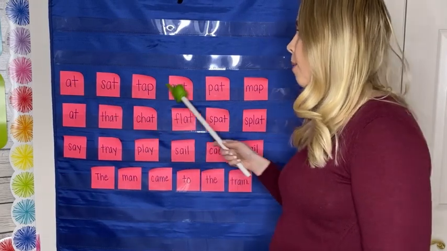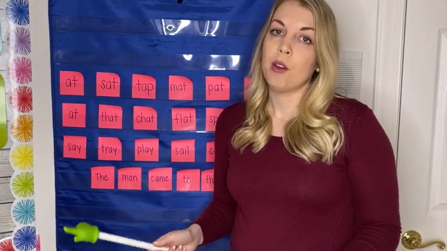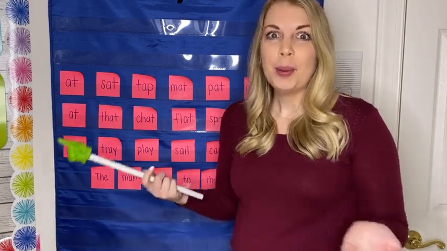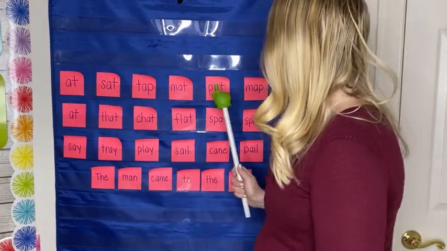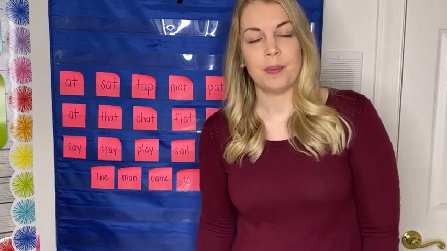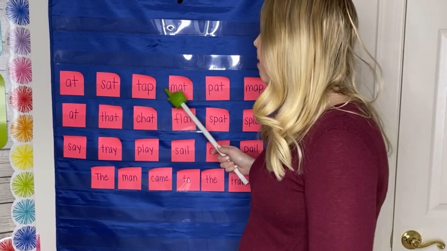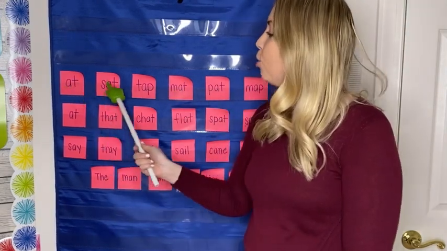What is the same about all of these words? If you're just starting out, they might not understand how to figure out what's the same. But some of them might be able to see that they all have the A sound in them, and it all makes the short A sound. If they don't know, then you'll just point out all of these words have the vowel sound A because they all have the short A.